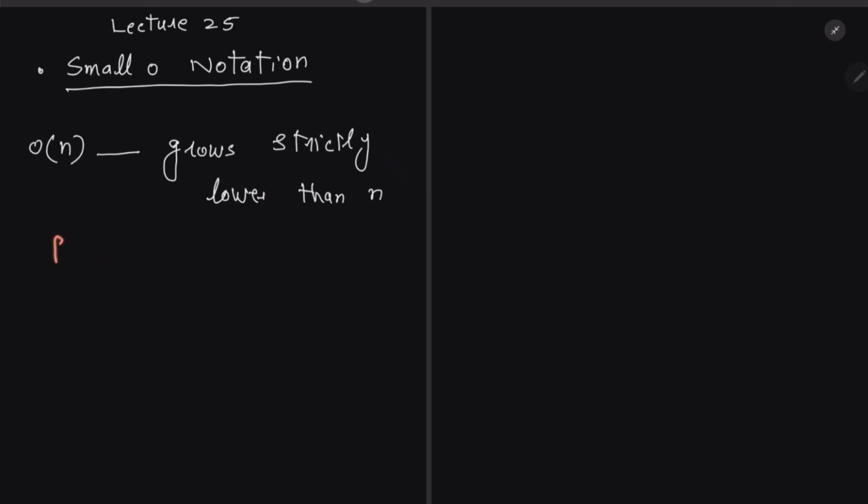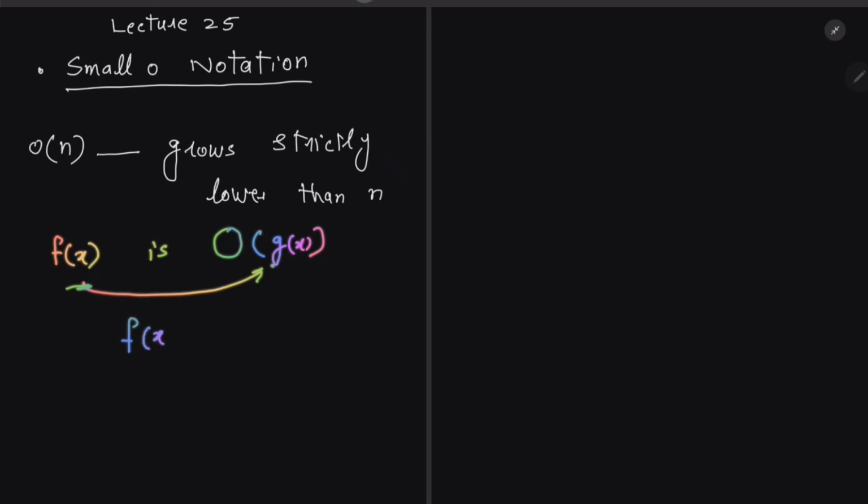We say that some function is order of g of x. It means that its growth can be equal to that function, but it never crosses the range of that function.